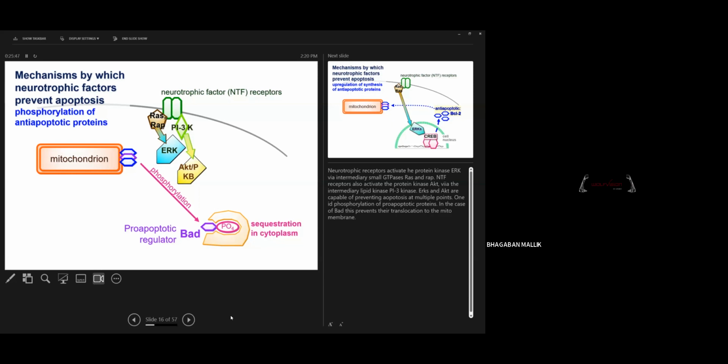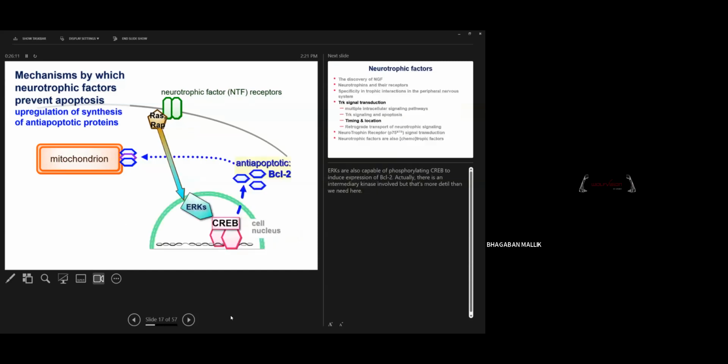Then you have activation of caspases and cleavage of a lot of components. So the BAD can do that. But to inhibit the activity of BAD, protein kinase B phosphorylates it, and because of phosphorylation, the BAD remains sequestered in the cytoplasm. So that's how the neurotrophic factor signaling can inhibit apoptosis.